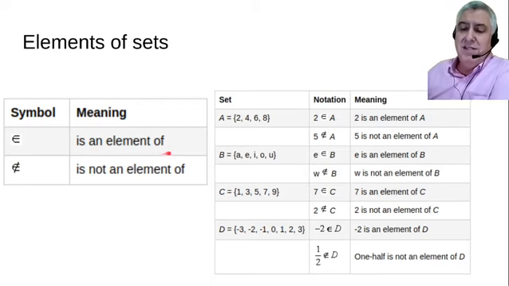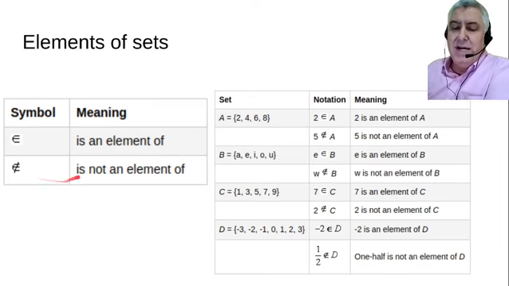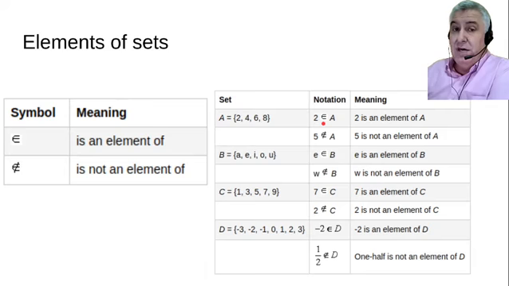So these are is an element of and is not an element of, and these are kind of similar to equals and not equals, in the way we just kind of put a slash through them to mean not. So this one is read is not an element of. So you can see over here we've got A. The set A is the set 2, 4, 6, and 8. So I can say 2, this funny E-looking thing, A, which we read as 2 is an element of A. And I can find 2 in there.